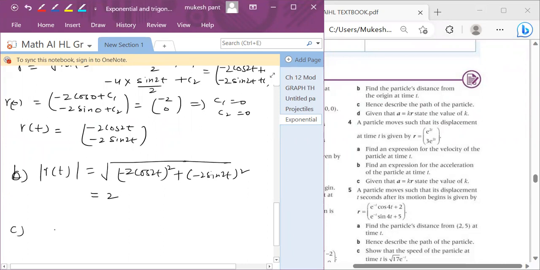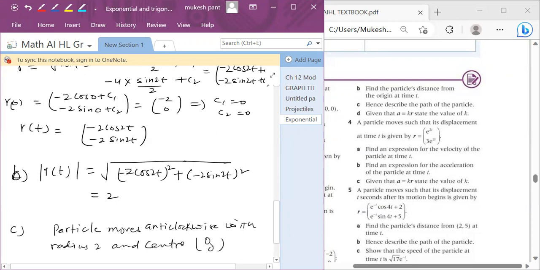So you will say the particle moves anti-clockwise, since the thing is positive, with radius 2 and center 0, 0. Center 0, 0 means origin. It's already given in the picture, right?